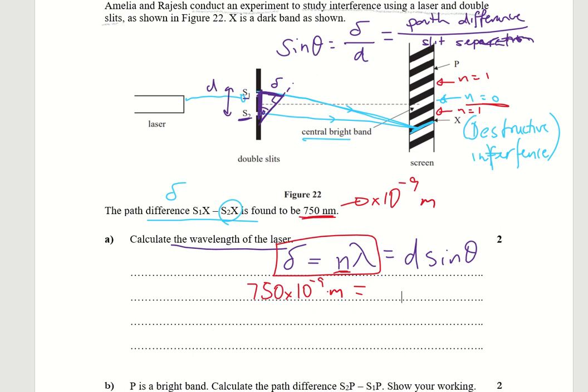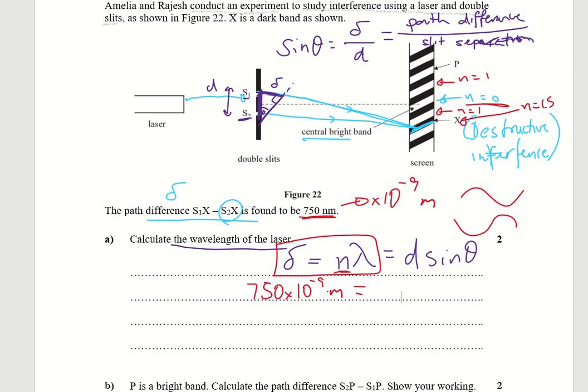We also know that for destructive interference, the waves must have met at half the wavelength of each other. So if we have one wave coming like so, we have another wave coming like so. So we actually know that at x, we are dealing with 1.5.